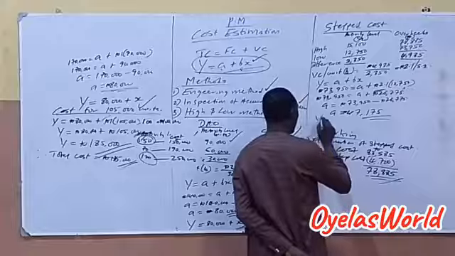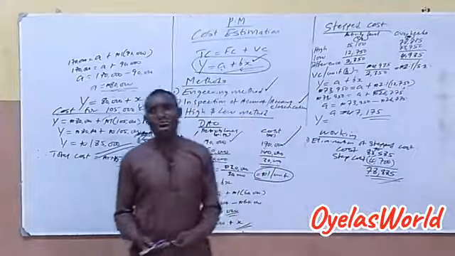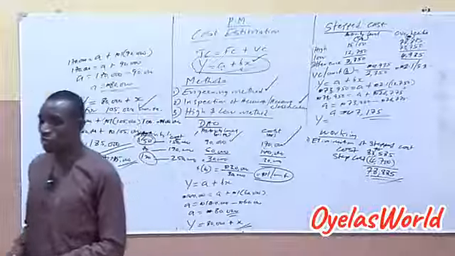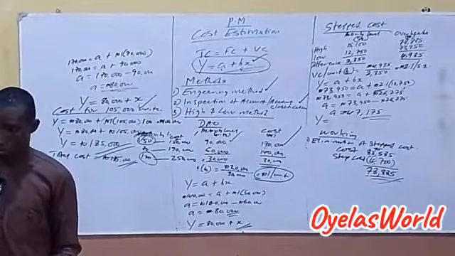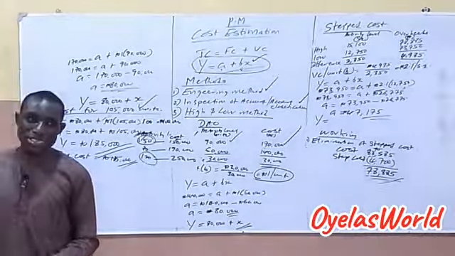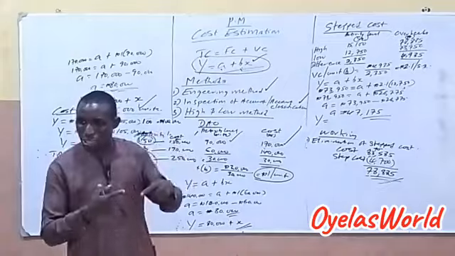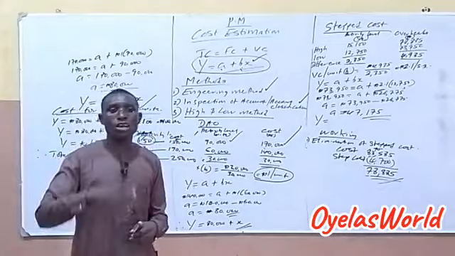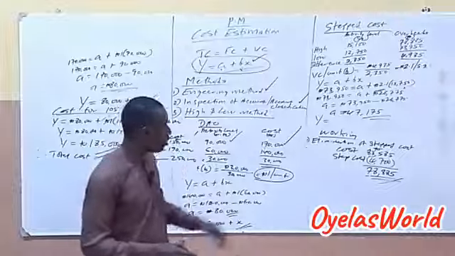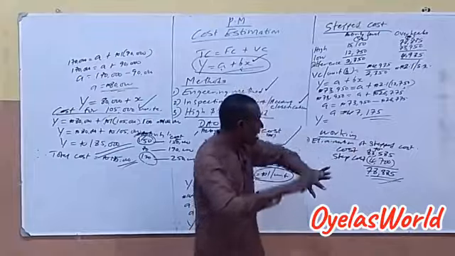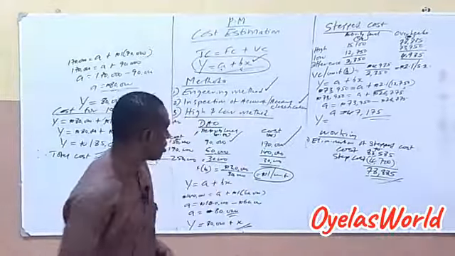Therefore, to get our y now depends on which activity level you are predicting. Are you predicting below 14,000 or above? Can you see now? Because below, look at it here, you have eliminated the element of step cost.